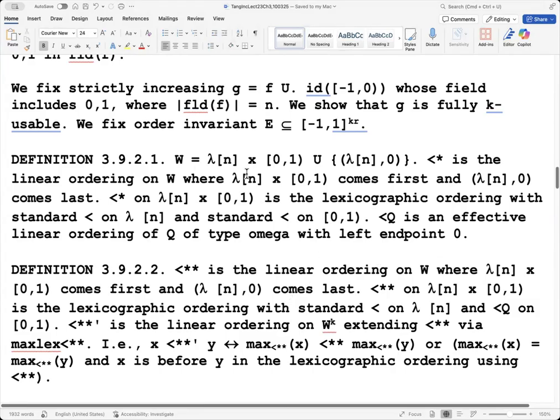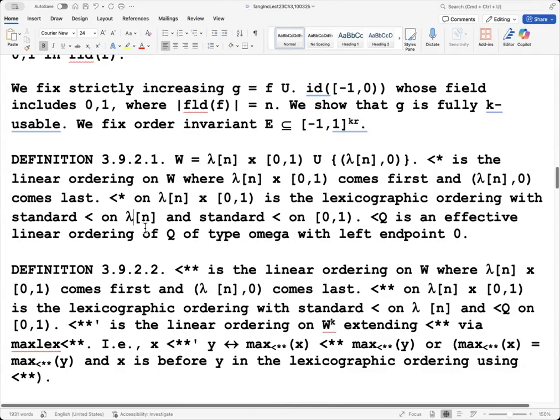Lambda n cross this rational interval, union this single point at the top. And we make the obvious linear ordering, well, maybe not so obvious. Where this comes first, this comes last, of course. And on here, it's just a lexicographic order with standard less than on here.